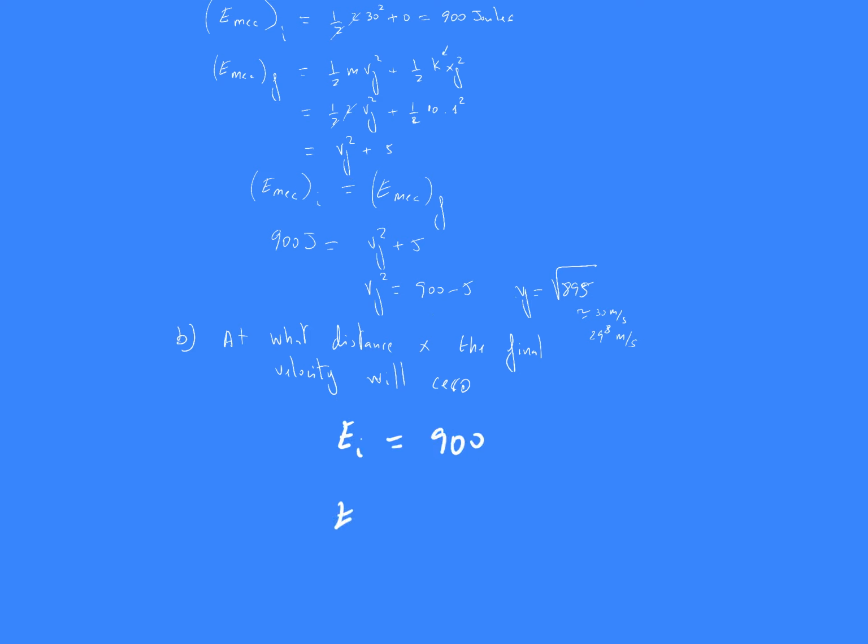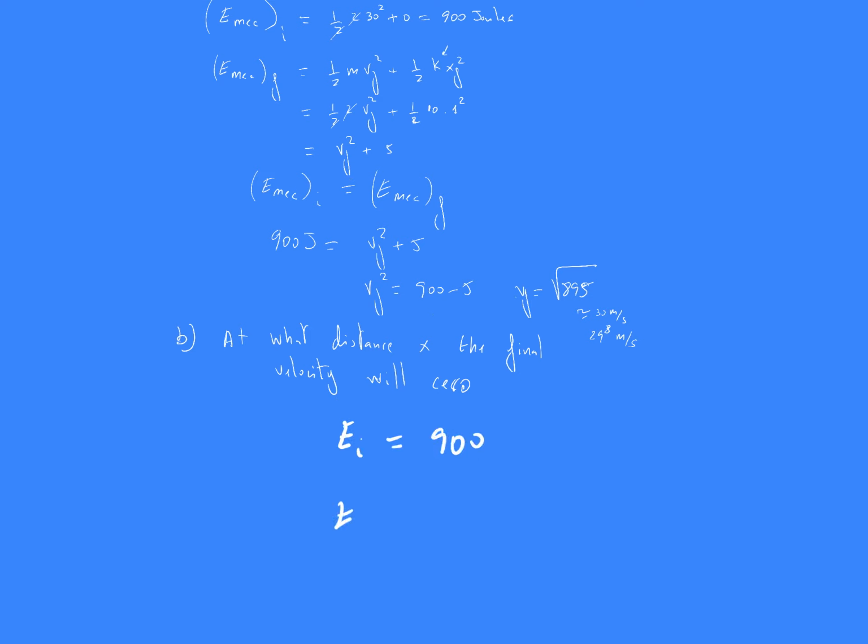So if delta K is positive, delta U will be negative, minus something positive. If delta K is negative, delta U, negative with negative is positive, so delta U is positive.